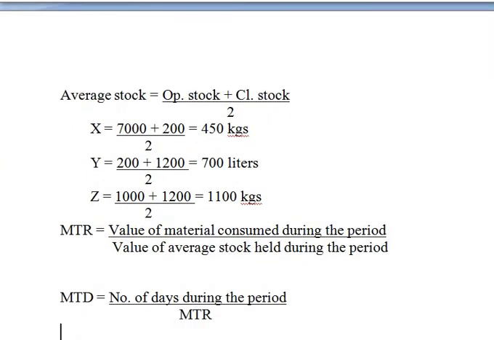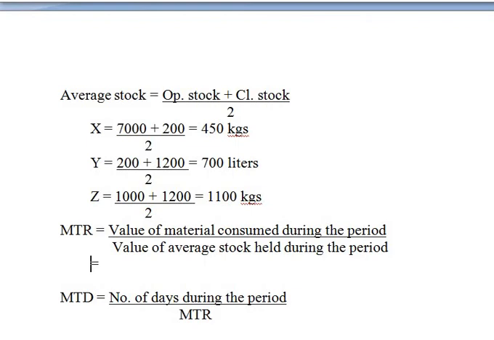Now next we need to calculate material turnover ratio. Formula is value of material consumed during the period divided by average value of stock held during the period.